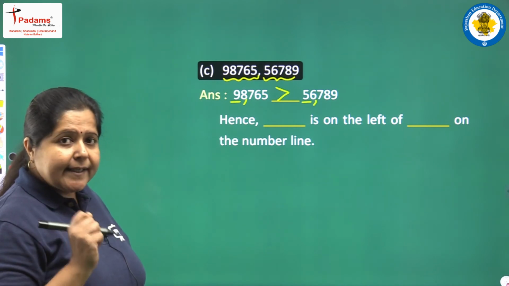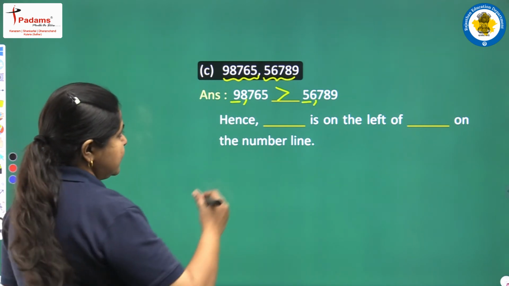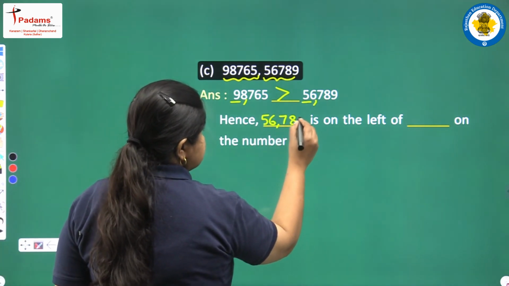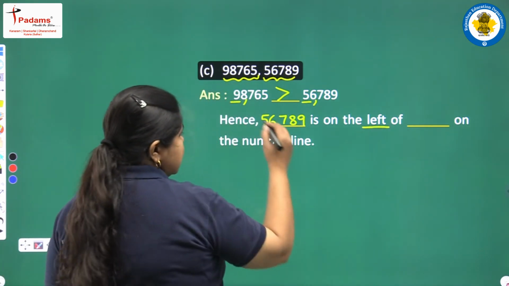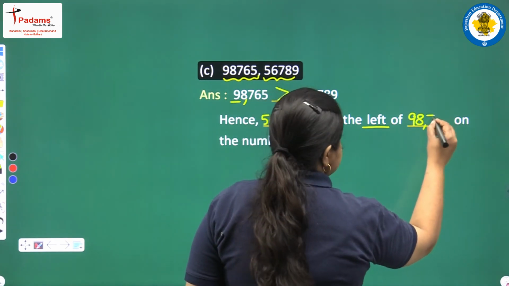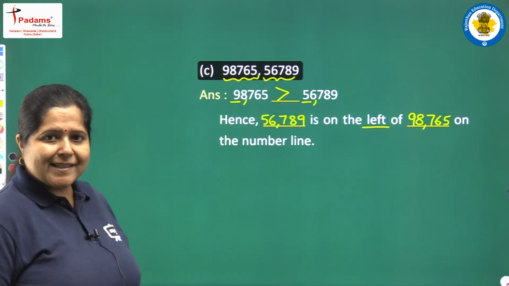Clearly, the number which is smaller will be to the left, which is 56,789. This is the smaller one. It will be on the left of this greater number, 98,765. I hope it is clear.